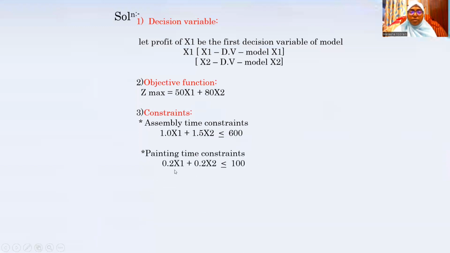It is similar, with 0.2, 0.2, so 0.2 x1 plus 0.2 x2 less than or equal to 100. This 100 was given in the first condition itself. And the third one is the testing time constraint: 0.0 x1 plus 0.1 x2 less than or equal to 30. This 30 was also given in the first condition, and this has been represented in the table chart.